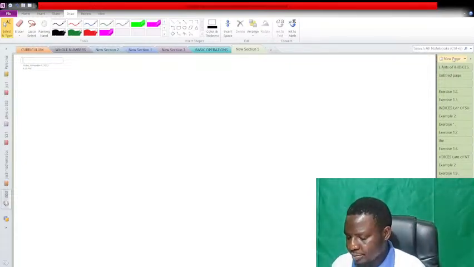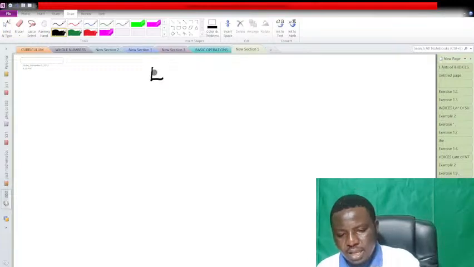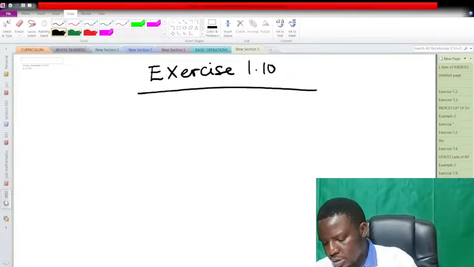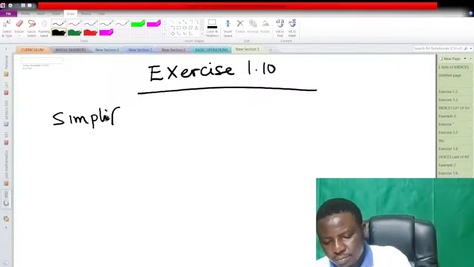This topic, sorry. So let's look at exercise 1.10. We are asked to simplify the following.